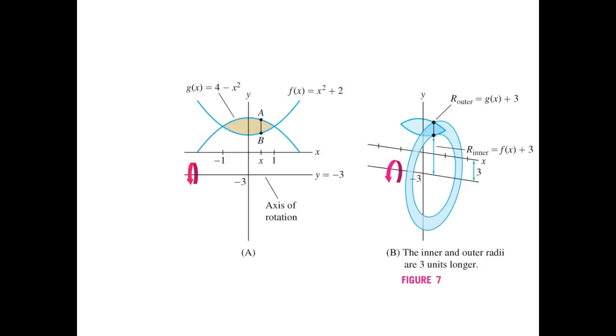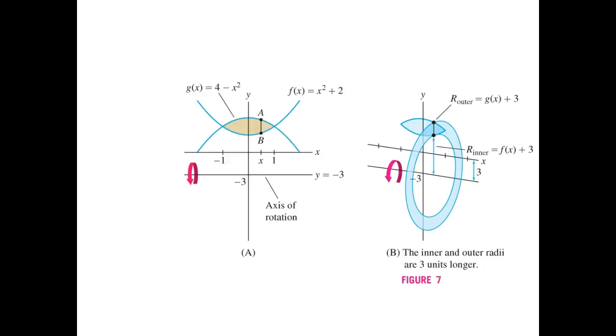Okay, vertex is the maximum. So there's the curve that we have, the area between those two curves, and we're going to rotate that not around the x-axis, but around a horizontal axis, which happens in this case to be y is equal to -3. So you can get the big enough to get around your finger, right?